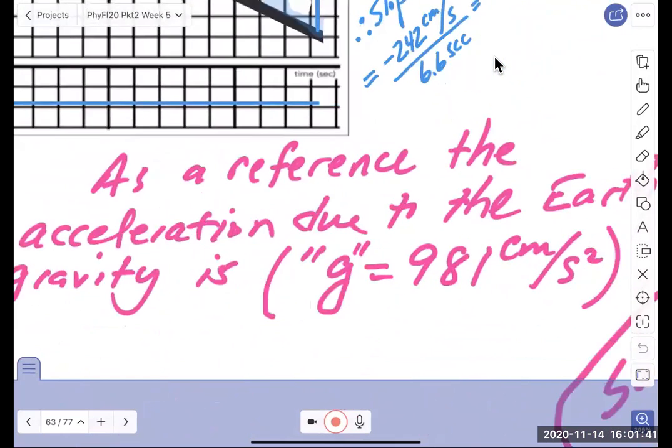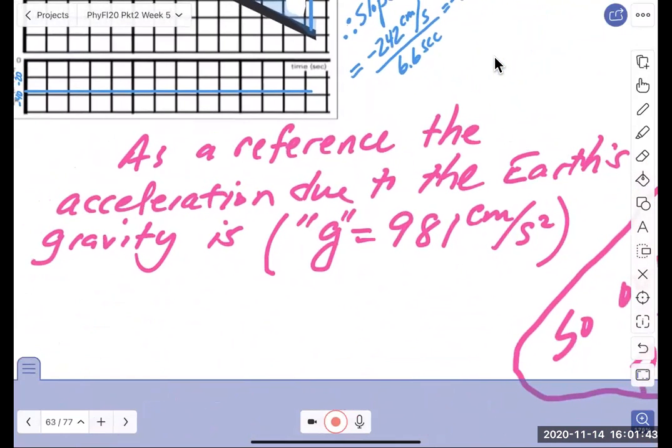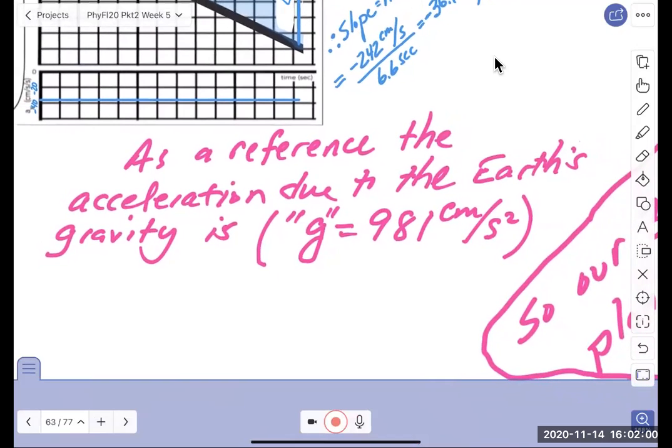So now we've answered the three questions we had. One was what's the initial velocity of the ball? We got that. The next was what's the acceleration of the ball? And the third question is how much did we dilute gravity? As a reference, the acceleration due to the Earth's gravity, if I were to drop a ball without any kind of ramp, would be 981 centimeters per second per second. We'll do the math later on to show this.